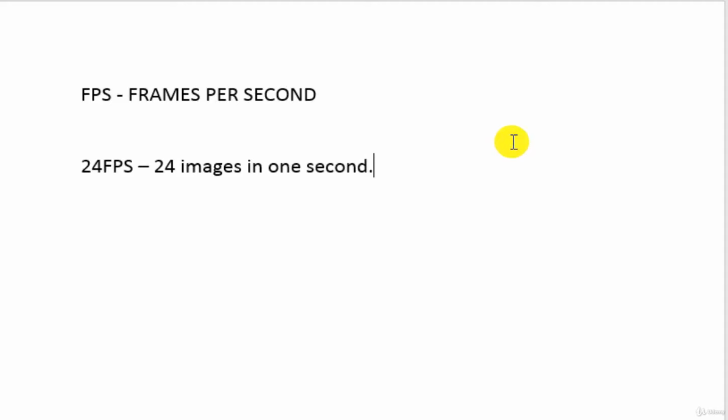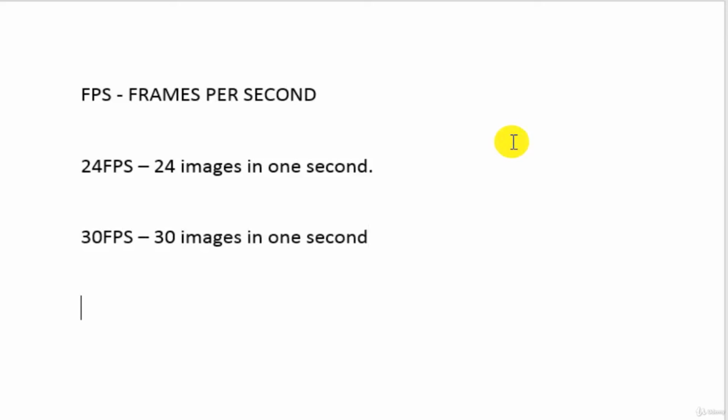So an entire video consisting of n number of minutes will have 24 different images in 1 second, which is collectively known as an entire sequence. There might also be videos with a frame rate of 30 FPS, which means 30 images in 1 second.